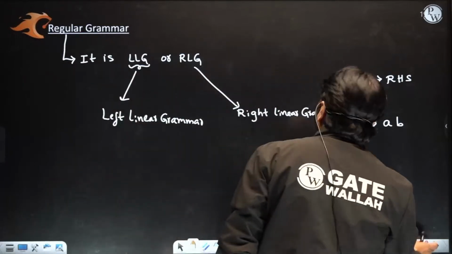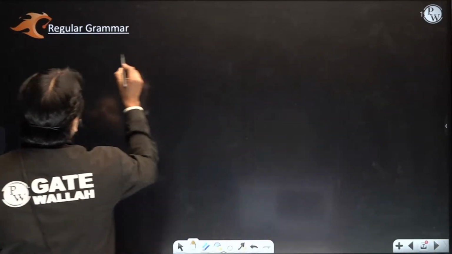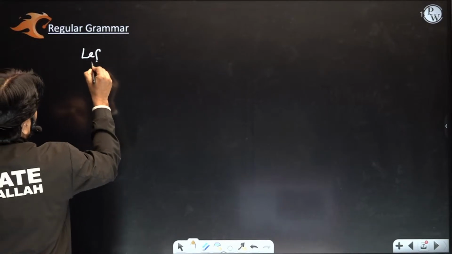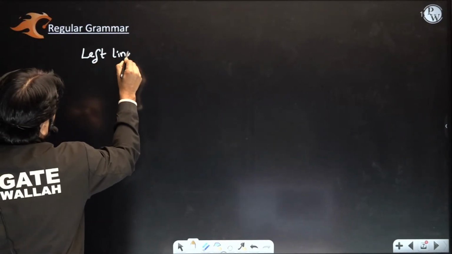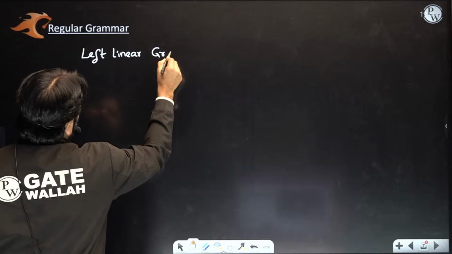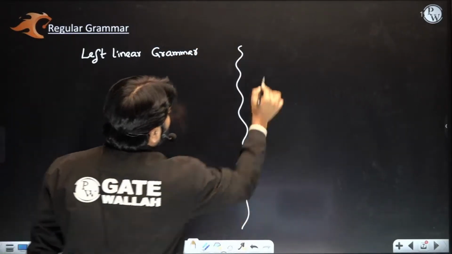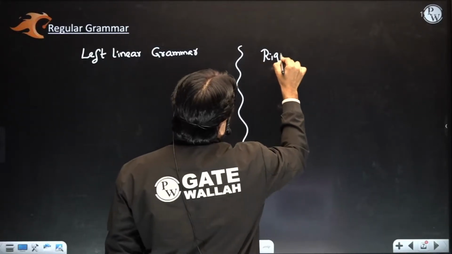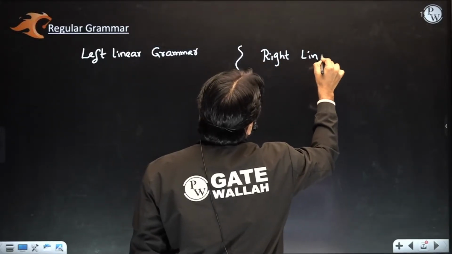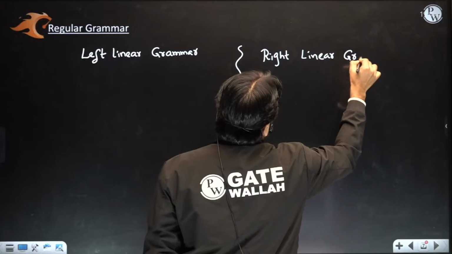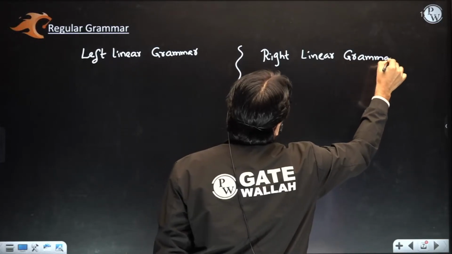Okay, let's start. What is LLG? We have two types of grammars: one is left linear grammar, and another is right linear grammar. Linear grammars we'll learn later, but we first learn regular grammar.